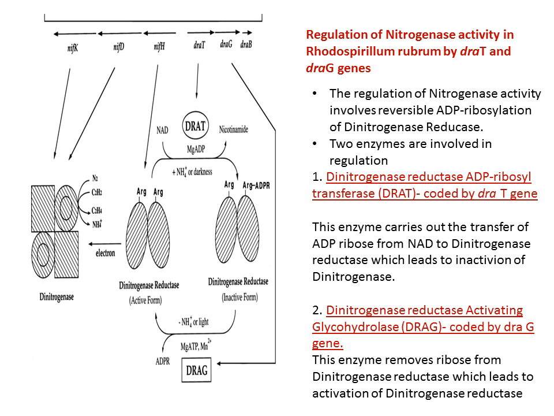Those genes are called DRAT and DRAG genes. The regulation of nitrogenase activity involves reversible ADP ribosylation of dinitrogenase reductase. You can go through the image which has been put up on the left side.